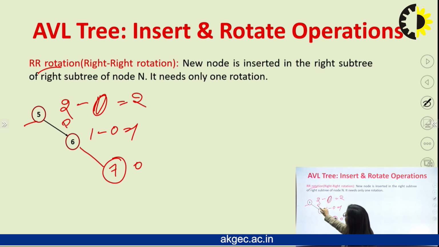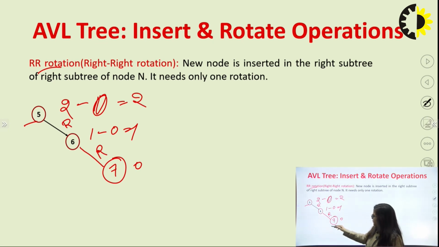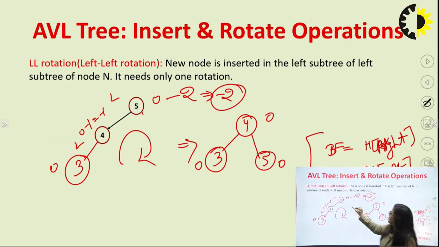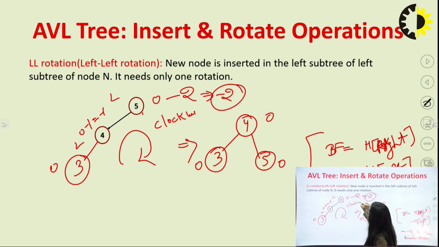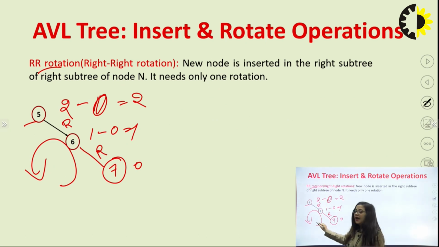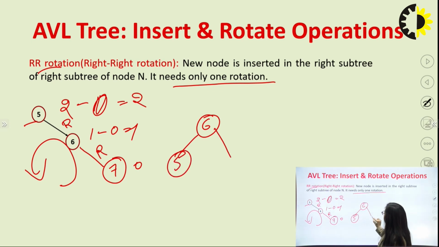RR means it is R direction and also R direction. Now it moves like this, an anti-clockwise rotation, needing one rotation. Now 7 moves to this direction.